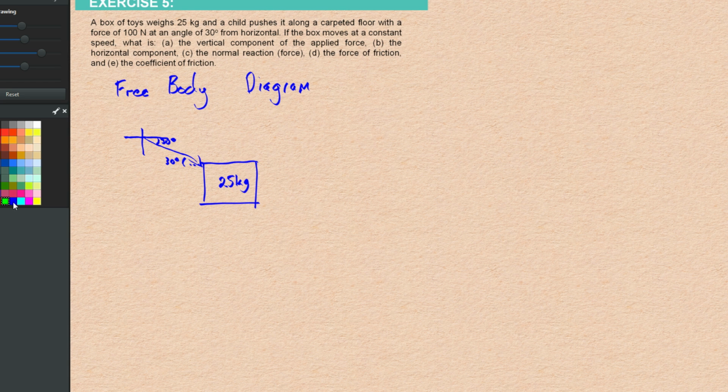Let's do that. Other forces that exist here will be the weight force, my usual favourite one.